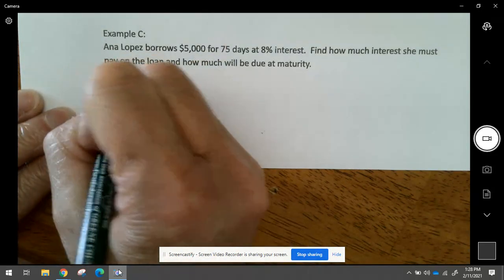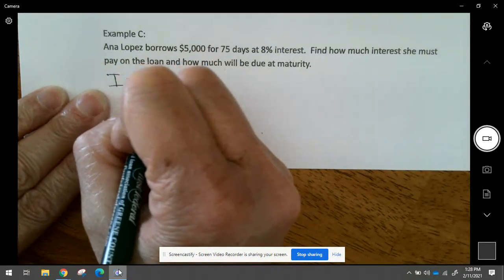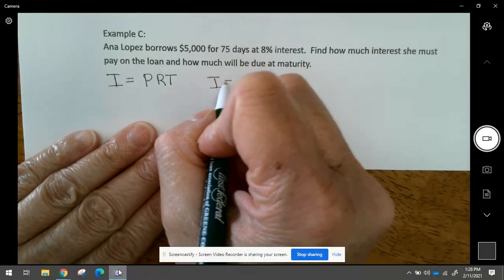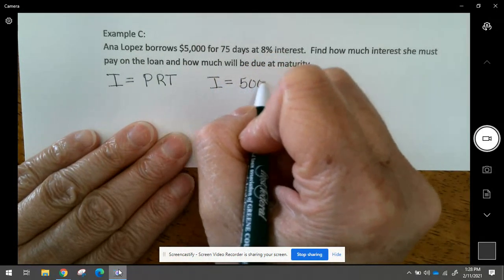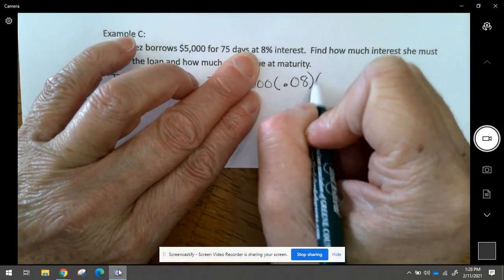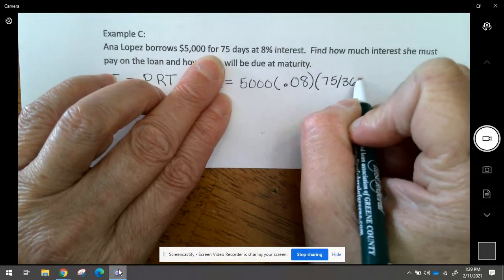So let's calculate our interest by PRT. So interest equals 5,000 times my rate of 0.08. Now here's where it gets different. It's 75 divided by 365.